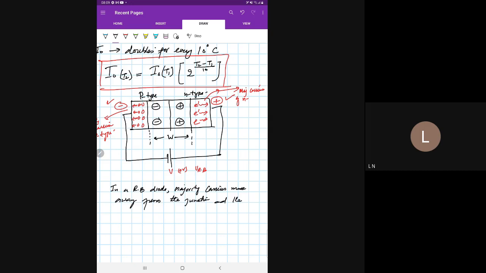And therefore they will accumulate and will be stored in the device, and therefore in reverse bias diode, majority carrier current is zero.